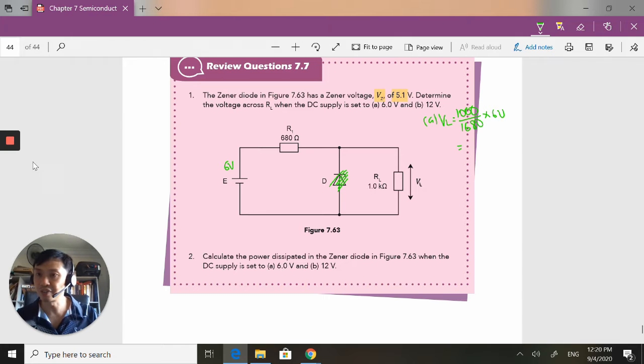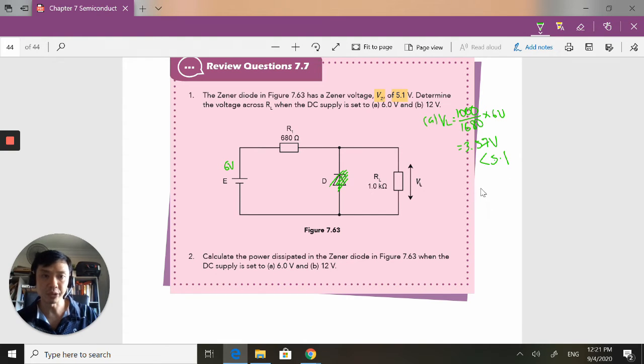So 1000 over 1680 times 6 volts gives me 3.57 volts. Now 3.57 volts is less than my zener voltage of 5.1.